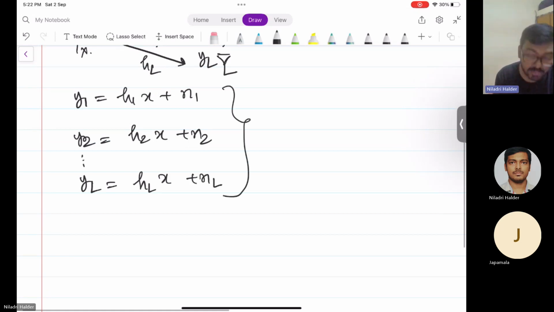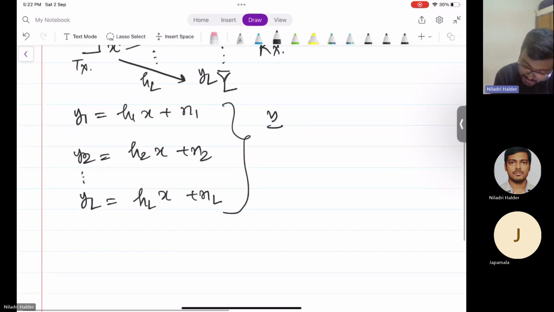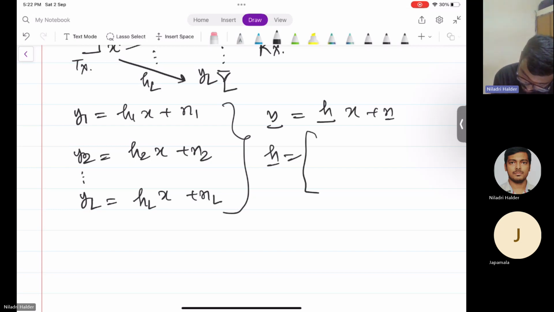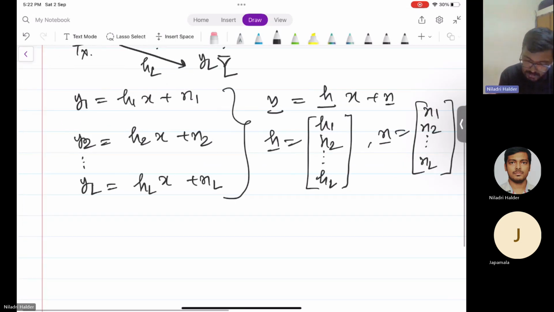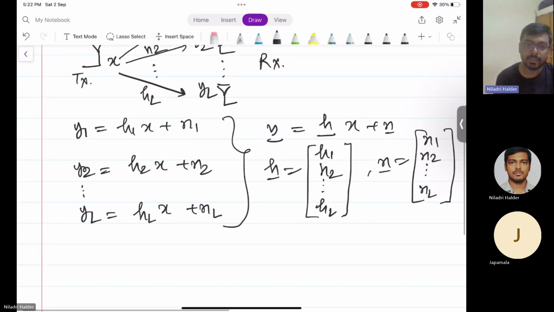Now combining these L equations, we get the receive vector y equals h x plus n, where h is also a vector: h1, h2, up to hl, and n equals n1, n2, up to nl. So this is the receive vector we are getting.